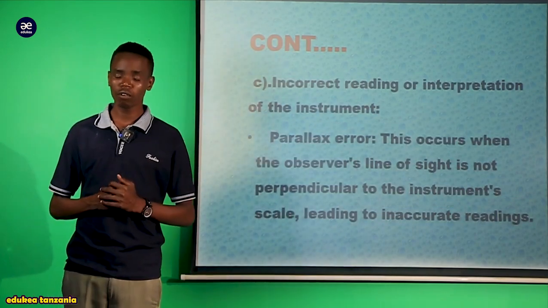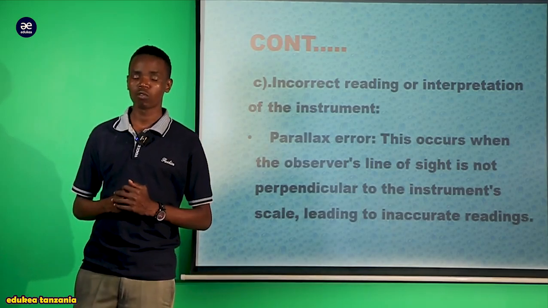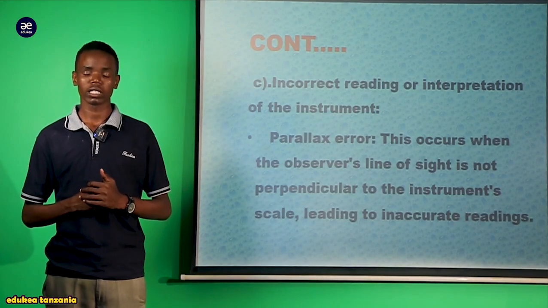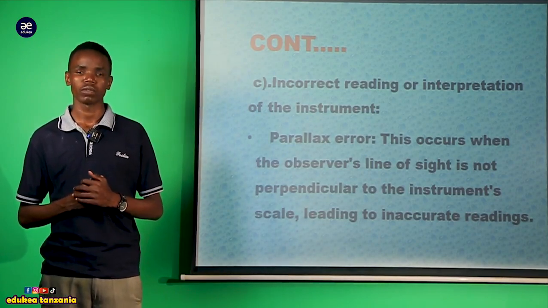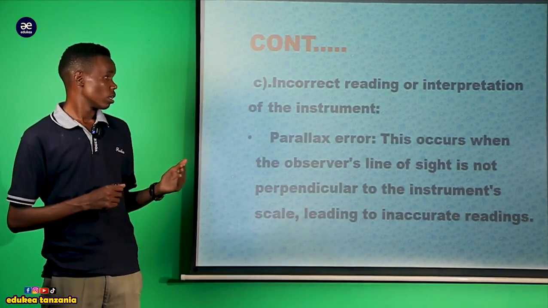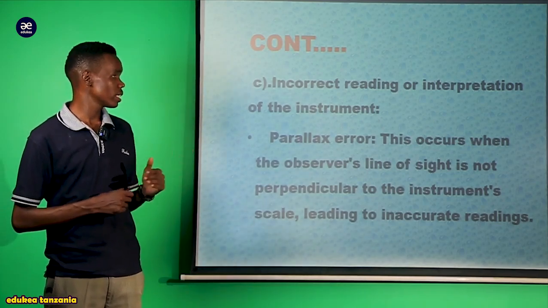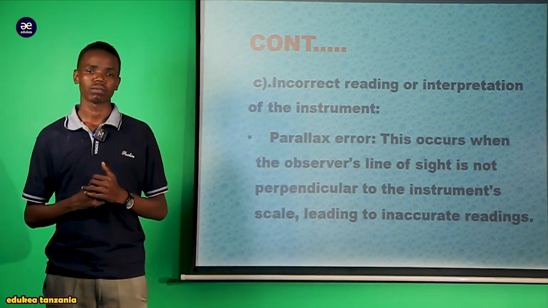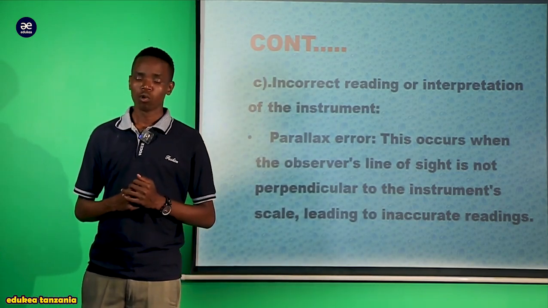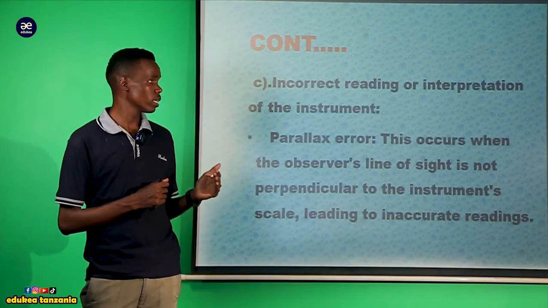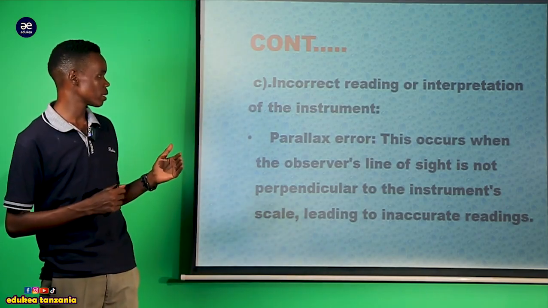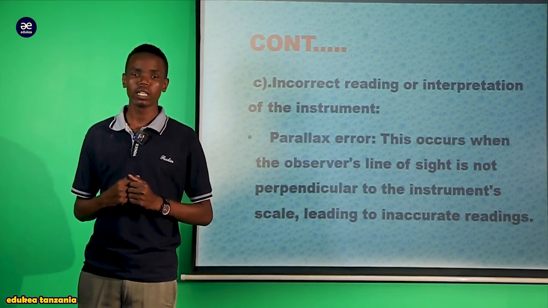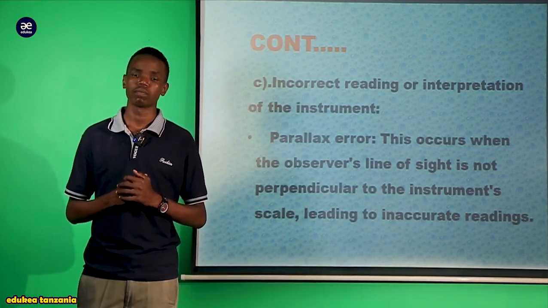After there, we have another cause of the systematic errors, my dear student, which is the incorrect reading or interpretation of the instruments. When we read or interpret an instrument, it may cause us to obtain systematic errors.